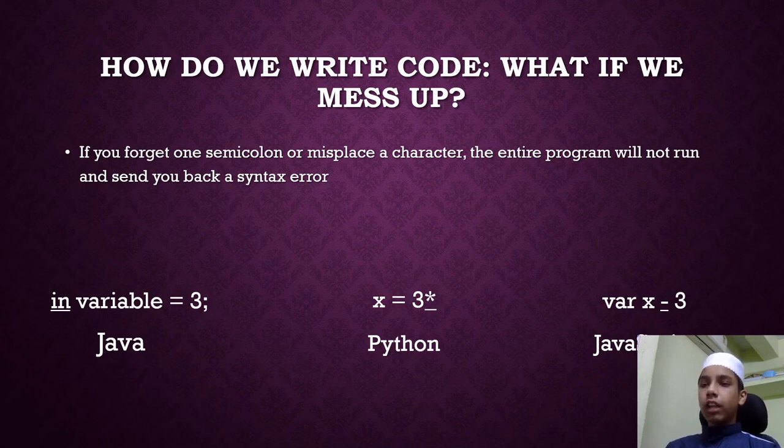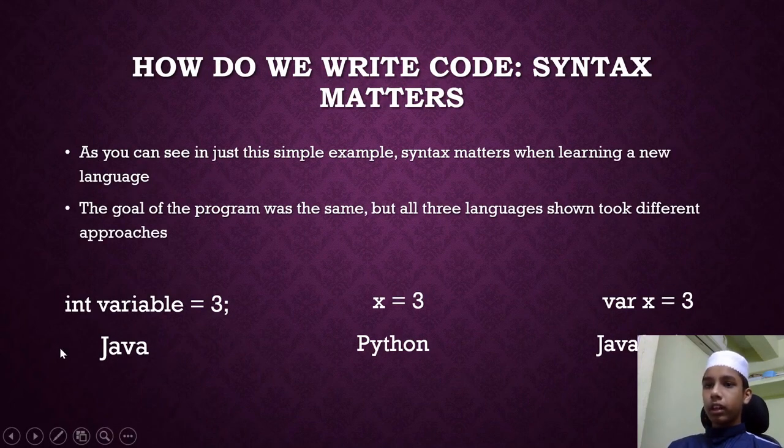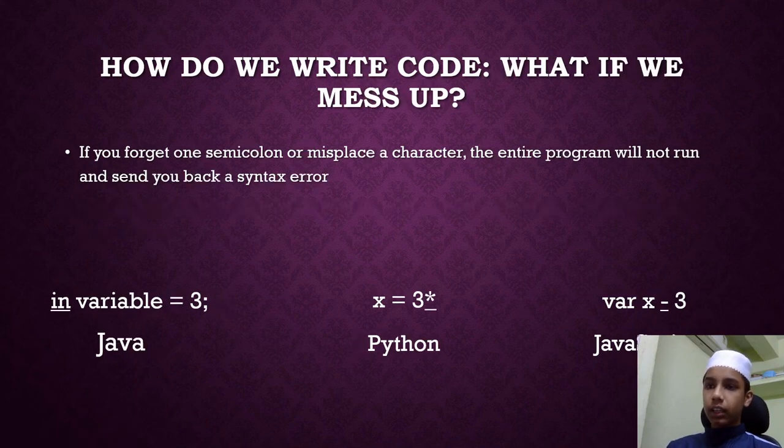So, what if you mess up? If you forget one semicolon or misplace a character, then the entire program will not run and will send you back a syntax error. Like here you can see, before we had int x = 3 and then a semicolon. But now we have removed the t and just given in x = 3 in Java.